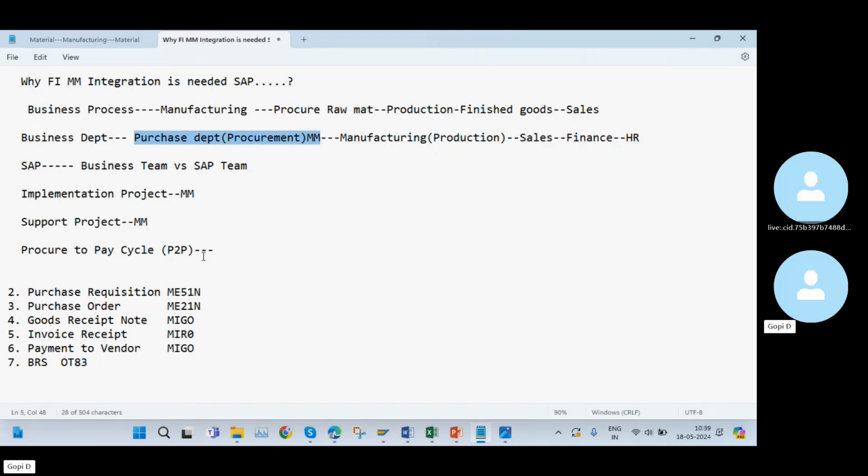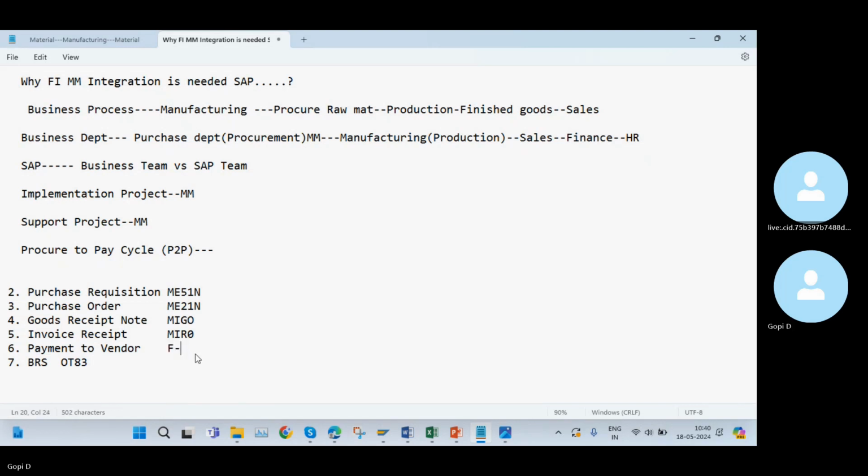But once purchase requisition, purchase order, goods receipt and invoice receipt are done, the payment step is performed by the finance department. There is no authorization for the procurement people in the business environment. Usually the payments to vendors are made by which team?